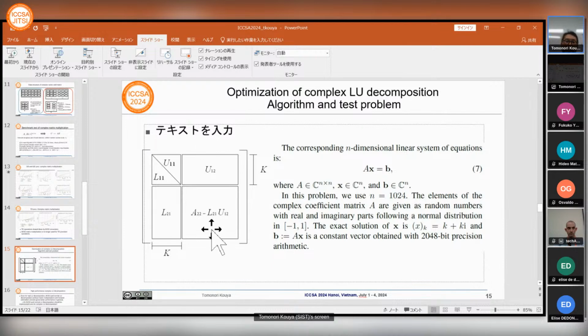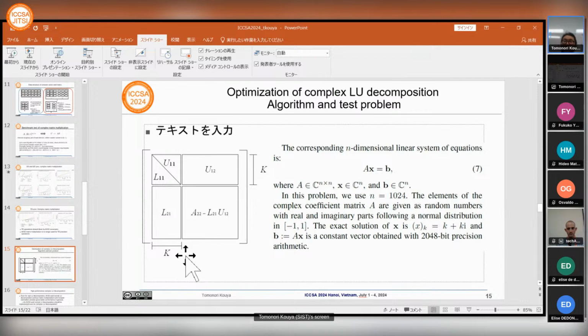Now, efficient LU decomposition uses efficient matrix multiplication when updating this square part. L21 and U12 multiplication can be implemented by using efficient matrix multiplication.